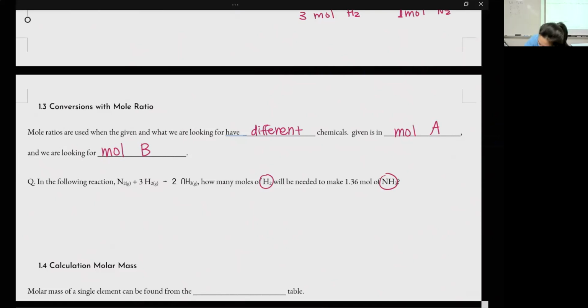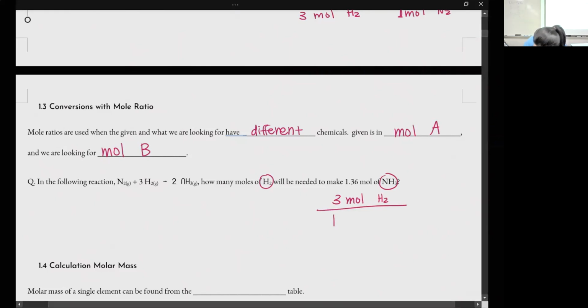So let's write that out. H2 is 3 moles of H2 over 2 mole of NH3, or it can be 2 mole of NH3 over 3 mole of H2. So we're gonna use one of these.